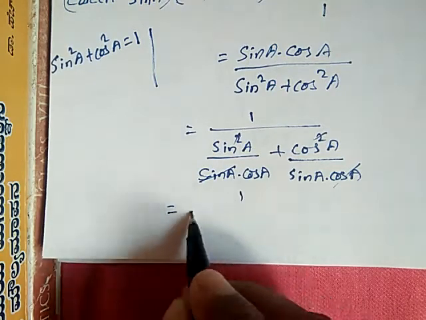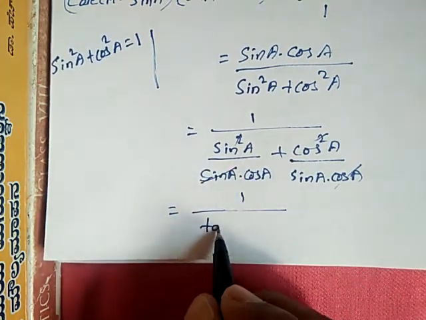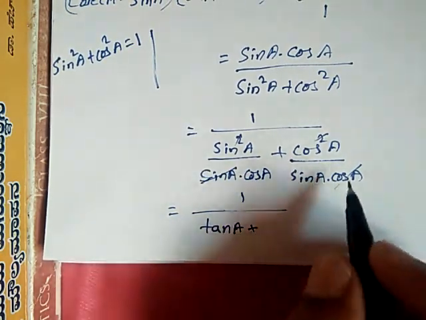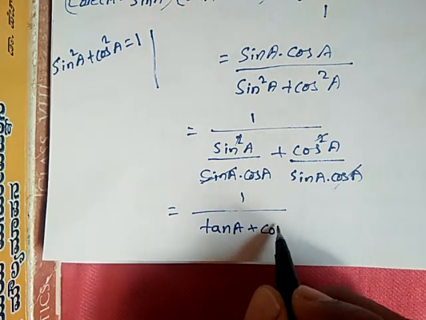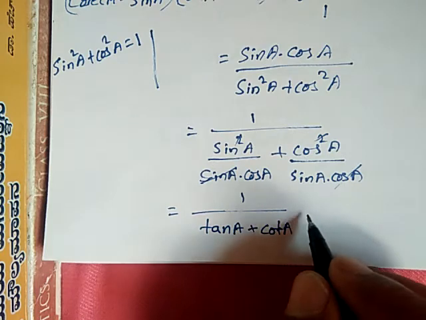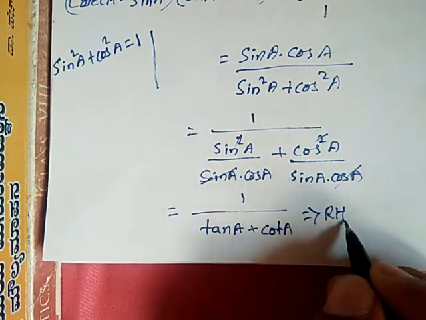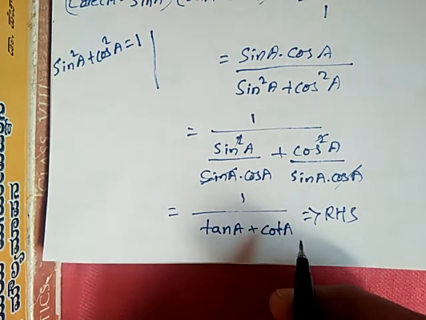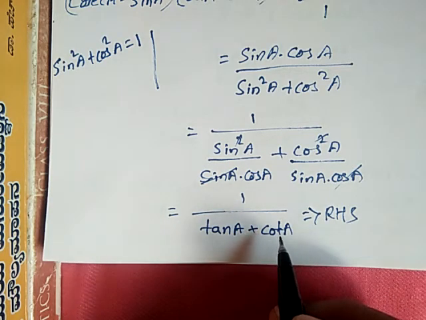So this is divided by, what is sin A by cos A? Tan A, plus what is cos A by sin A? Cot A, you can write. Okay, so this is your RHS. Directly you can write this one, or separately you can solve LHS and RHS and bring the answer, or you can take like this and do.